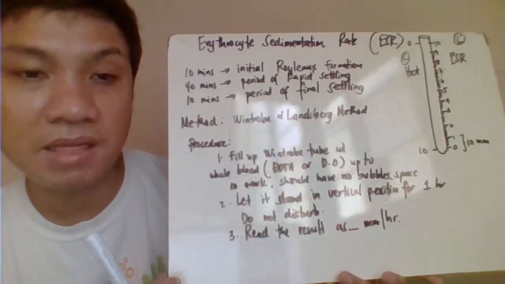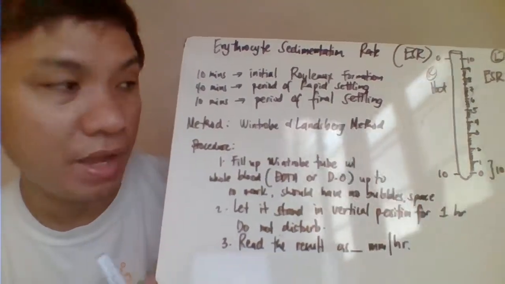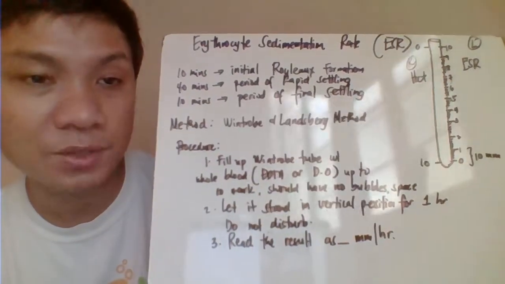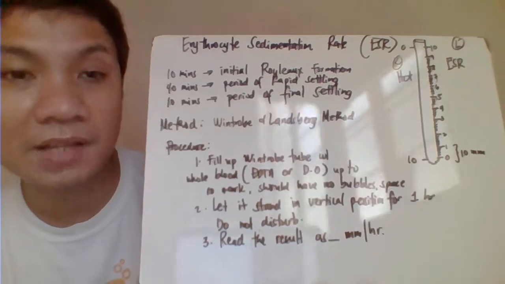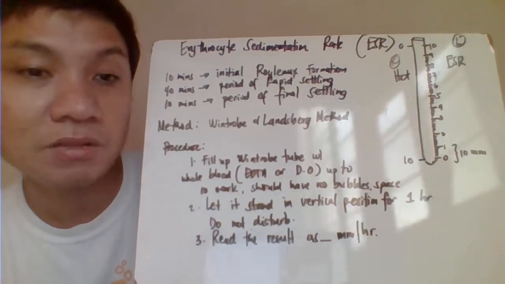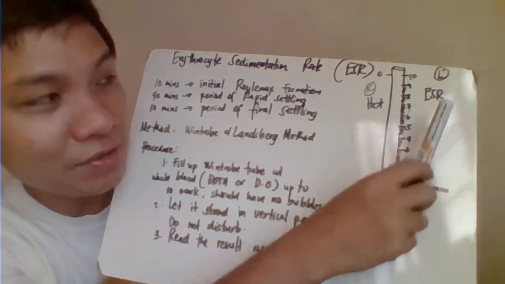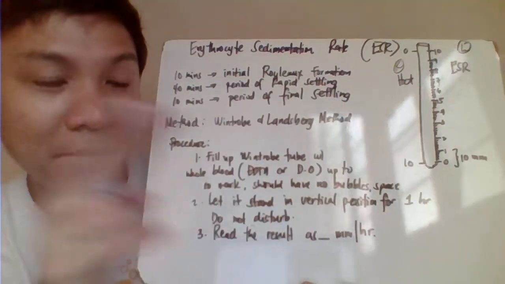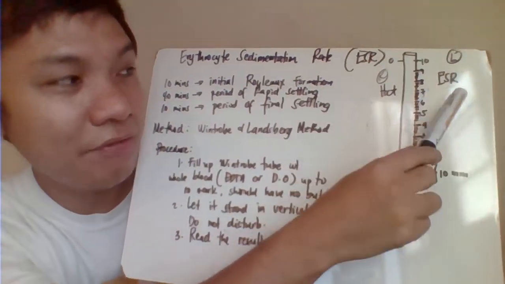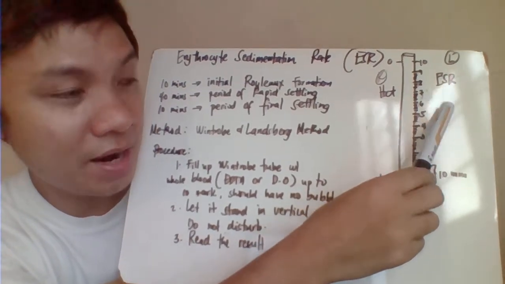Okay, we have here the methods for the ESR determination. We have your Wintrobe or the Landsberg method. This method utilizes your Wintrobe tube, which would have two markings. One is on the left, which is for the ESR.